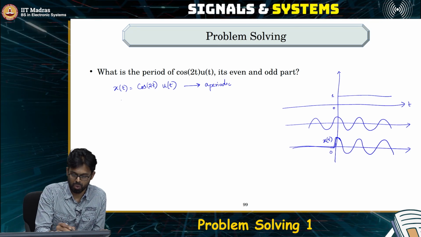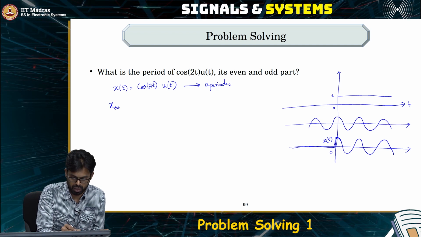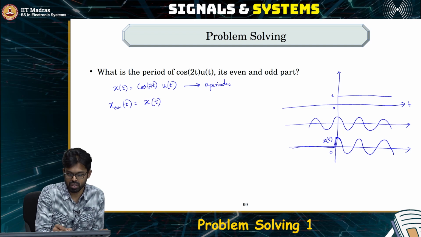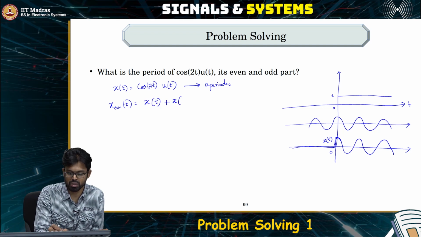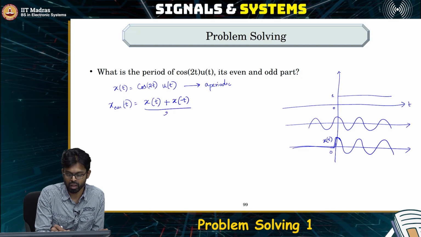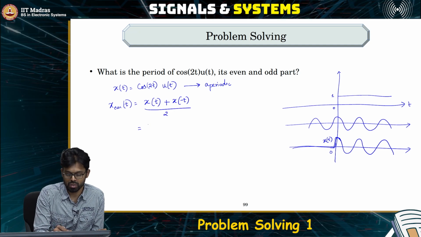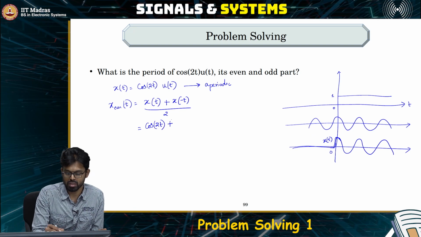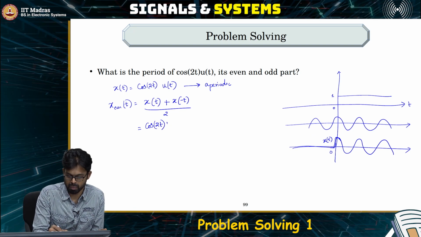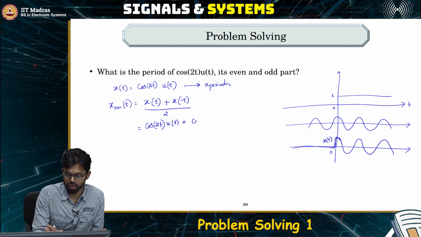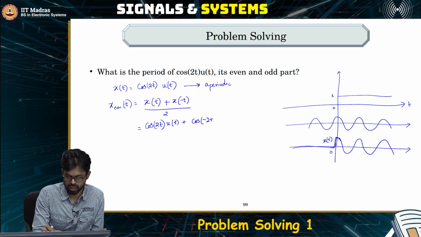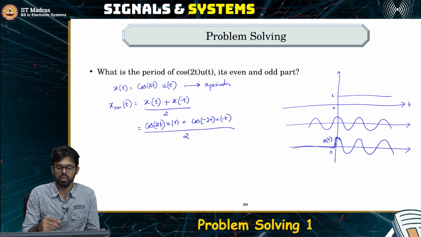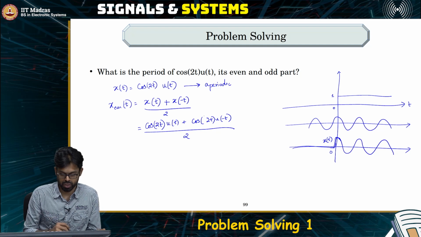Okay. Now, what about its even part? How do you compute the even part? The even part is x of t plus x of minus t, divided by 2. In this case, it turns out to be cos 2t u of t plus cos of minus 2t u of minus t, divided by 2, but cos of minus 2t is just cos 2t.